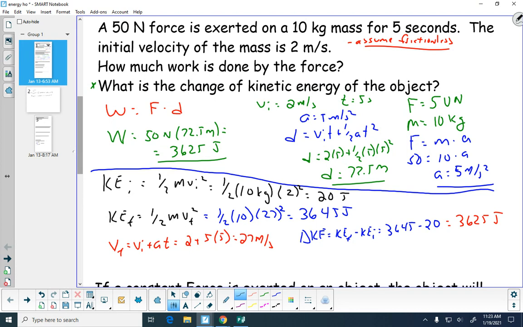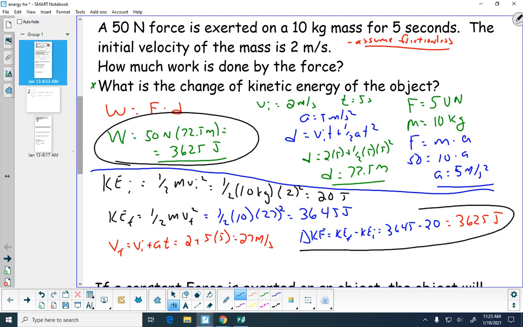Now, if we take a look at our change in kinetic energy and what we did at the very beginning, we can see that the work that is being done is also your change in kinetic energy.